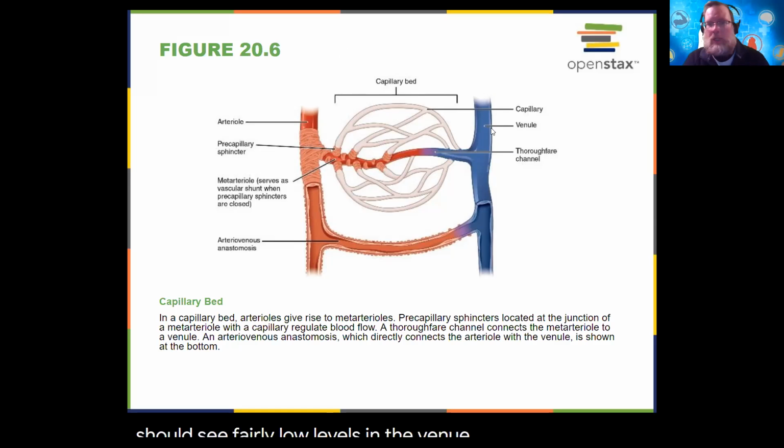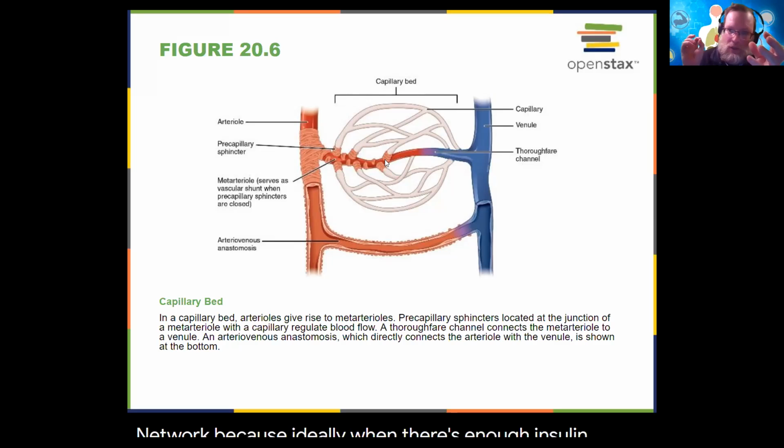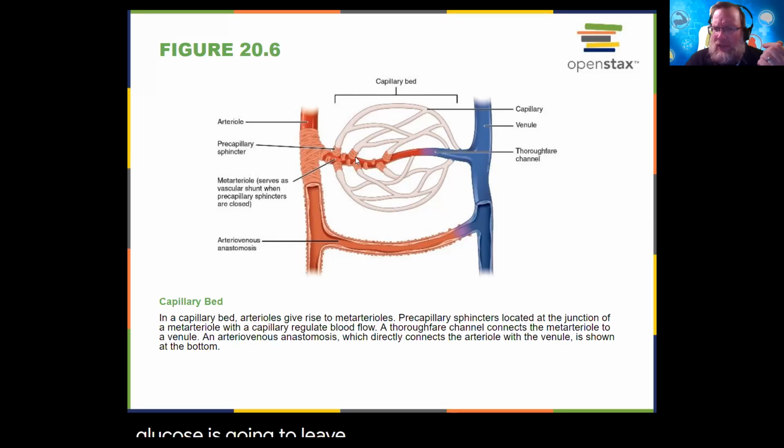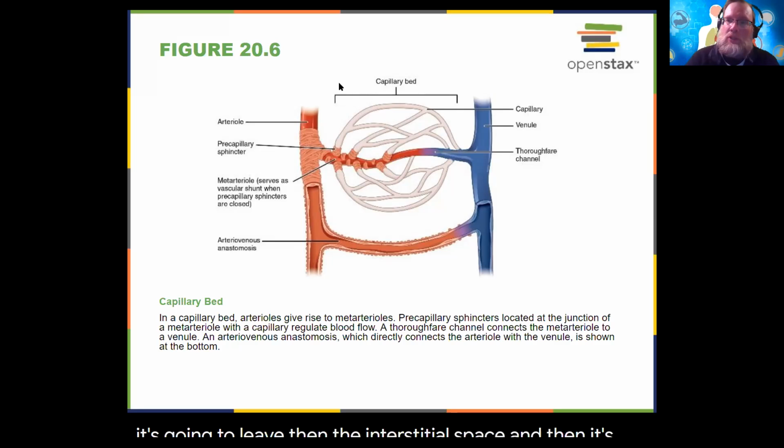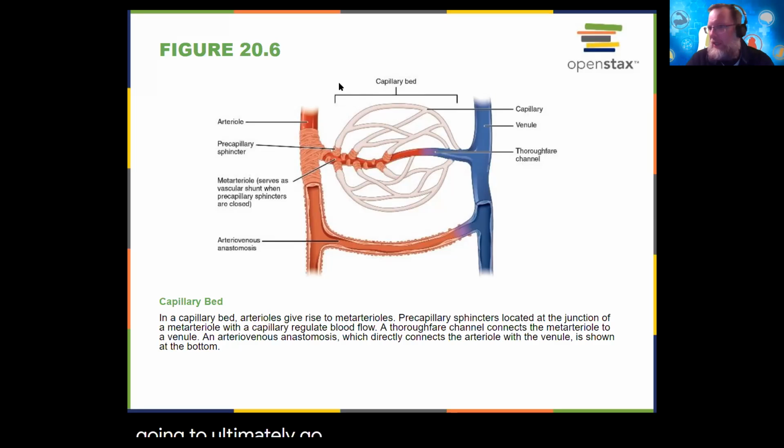But if we don't have enough insulin, that glucose is just going to hang out in the blood of the capillary network, because ideally when there's enough insulin, the glucose is going to leave the bloodstream, the plasma area. It's going to leave and go into the interstitial space, and then ultimately go inside of the cells.